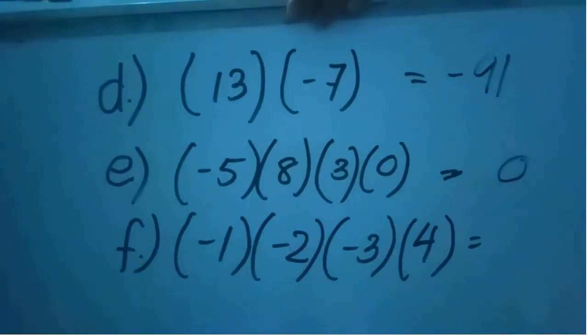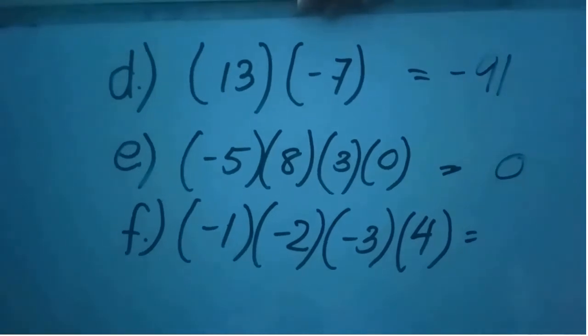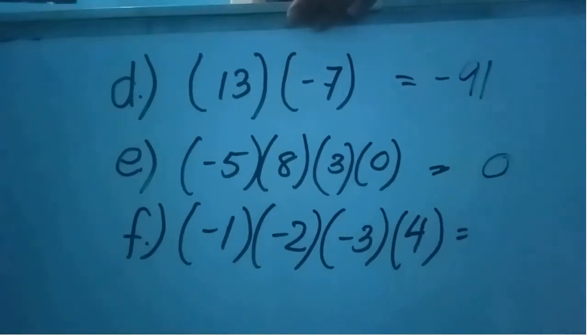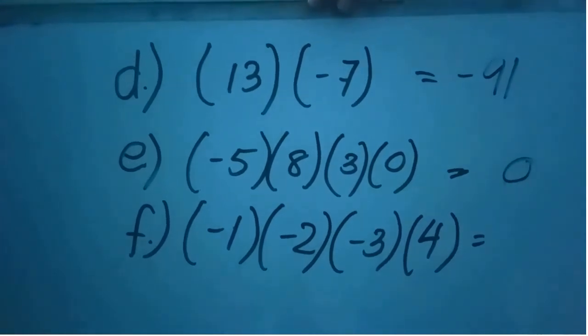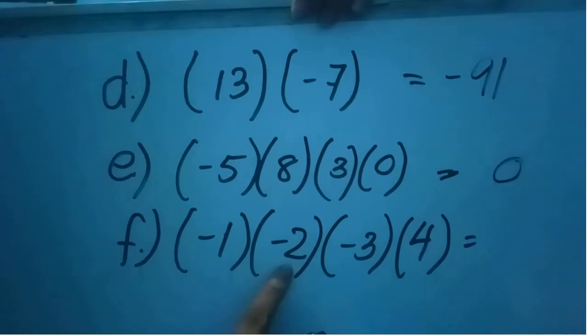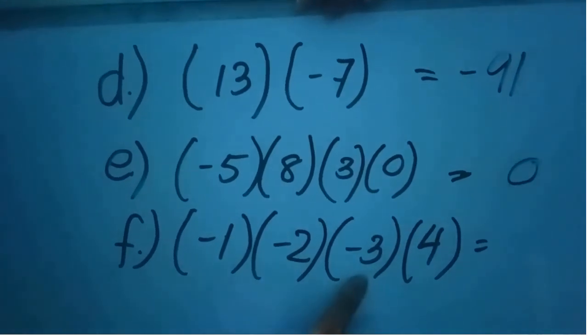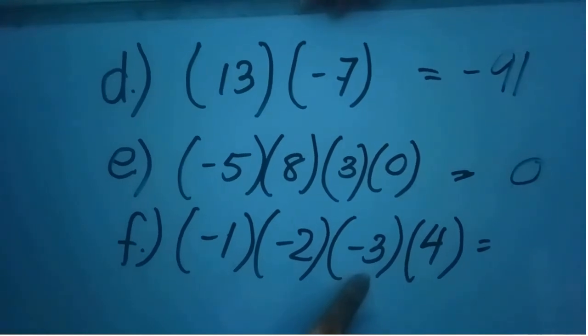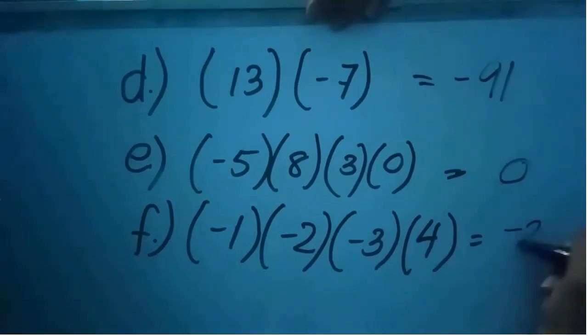Take note, any number multiplied by 0 is equal to 0. And next, we have negative 1 times negative 2 times negative 3 times 4. Negative 1 times negative 2 is positive 2, times negative 3 is equal to negative 6, times 4 is equal to negative 24.